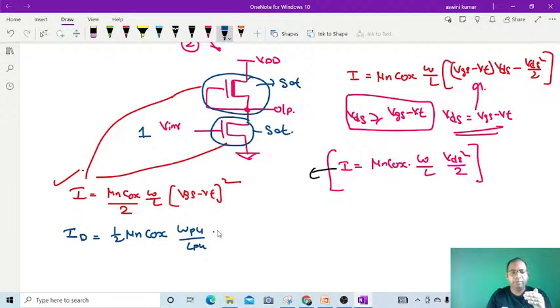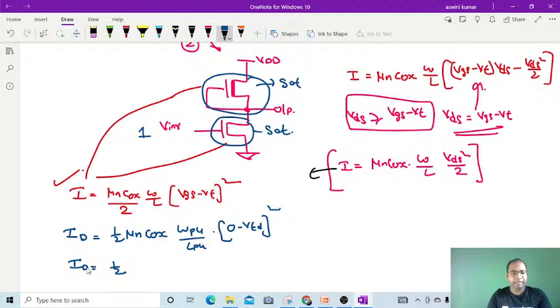And what is the VGS in the case of depletion MOSFET? As I previously told, gate and source both are short circuited, so your VGS becomes equal to 0, and I am taking like this. Instead of VT I took the VTD. Why? Because it is the threshold voltage of the depletion MOSFET. Now I got like this. Next, if I apply the same expression to the enhancement MOSFET, then what will I get? ID is equal to, enhancement, right?